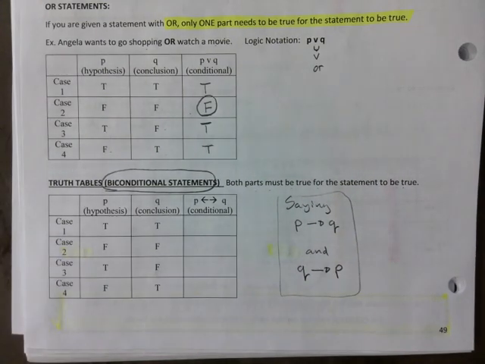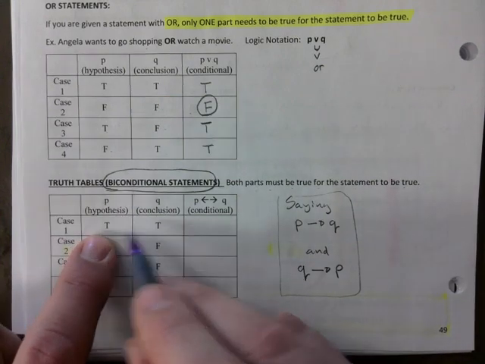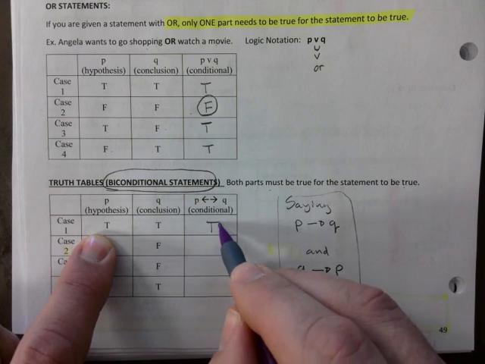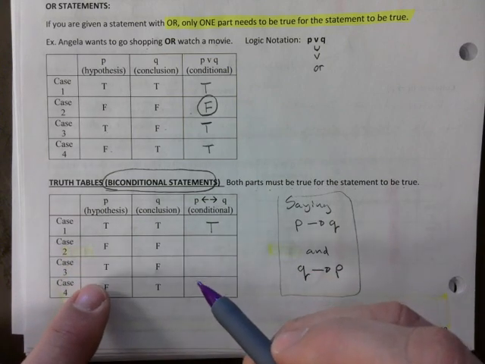Okay? It goes both ways. So the only way a biconditional is true is if indeed both parts are true. Okay. So true, true, true. Everything else is false. Okay.